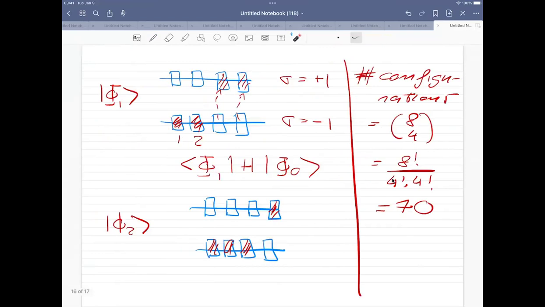That means that I could actually be here. These two guys can then be kicked up to this level here by the action of the Hamiltonian. So I start with the opposite spin, I end up in this state, and so I have to start here. I cannot take one from here and one from here, they have to be in the same spin state. And then I promote them up here.